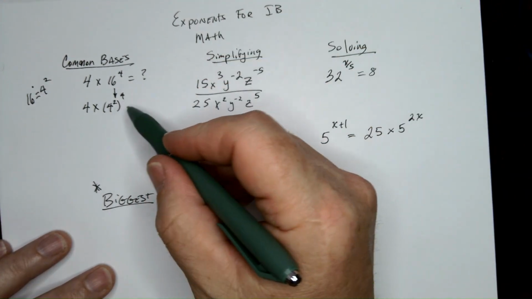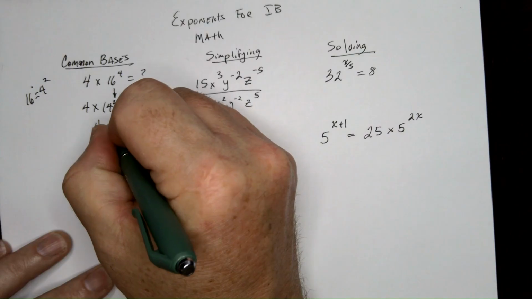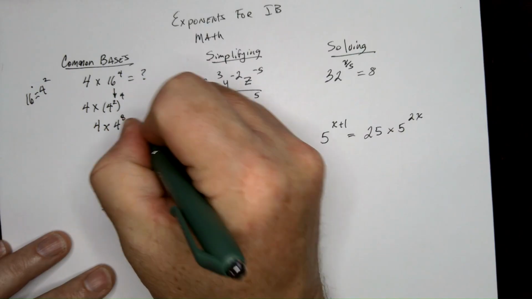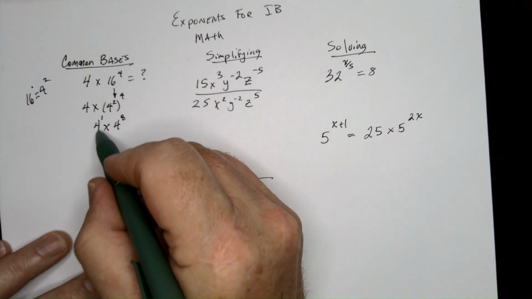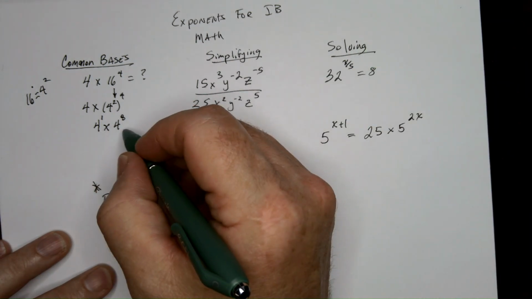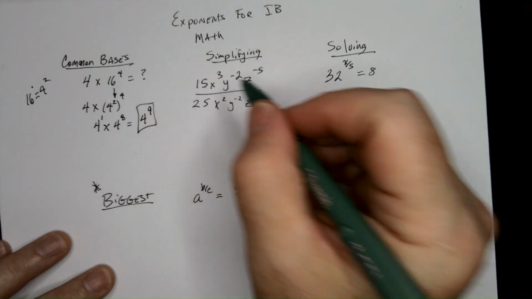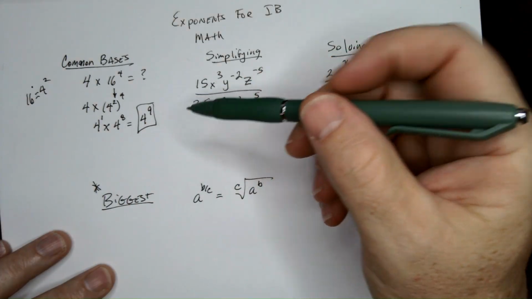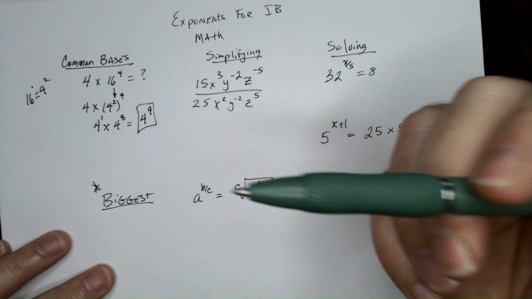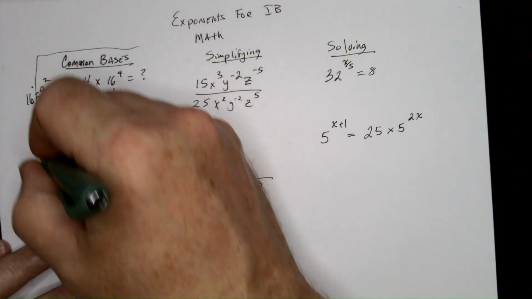And then, of course, if you have a power raised to another power, you can multiply those. 4 times 4 to the 8th. And then this has an exponent of 1, even though it's not written. It's always there. If the bases are the same and you're multiplying, you add the exponents. So sometimes you're expected to do something like that, or sometimes that kind of skill can make a complicated problem very easy for you.